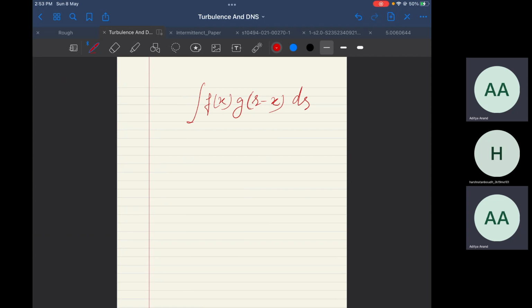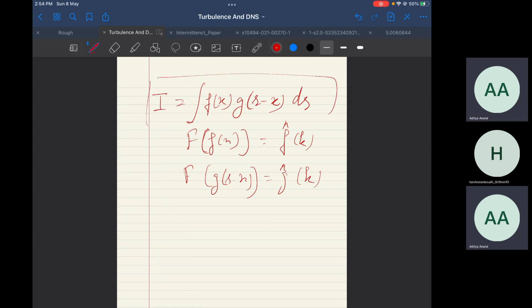Now the Fourier transform of fx, let's say, is f hat k, and your Fourier transform of gr minus x would be g hat k.